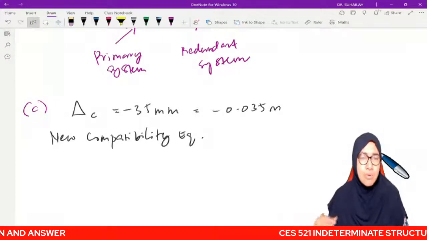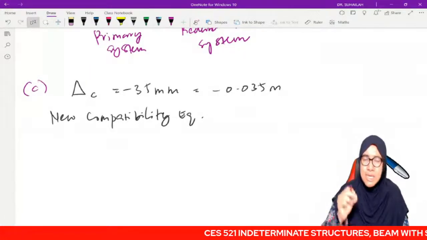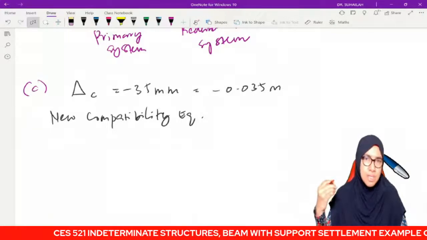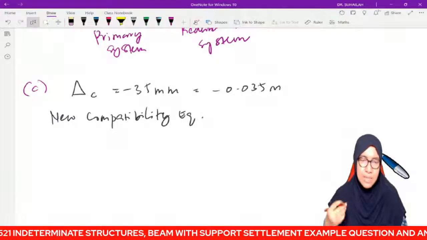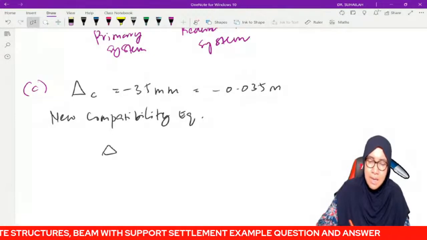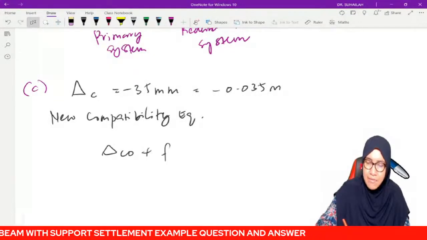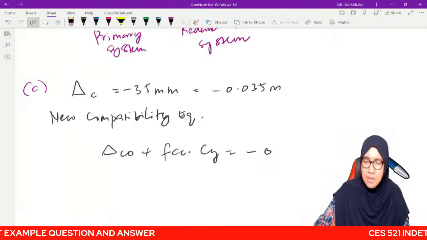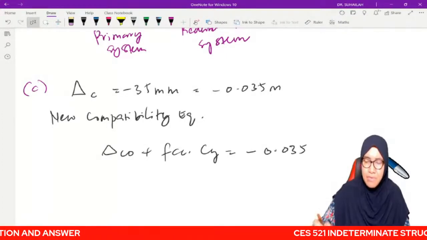The new compatibility equation is not equal to 0 anymore. It is equal to the given settlement value: delta C naught plus FCC times CY equals negative 0.035.